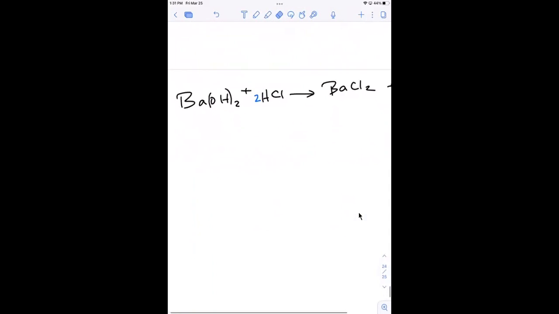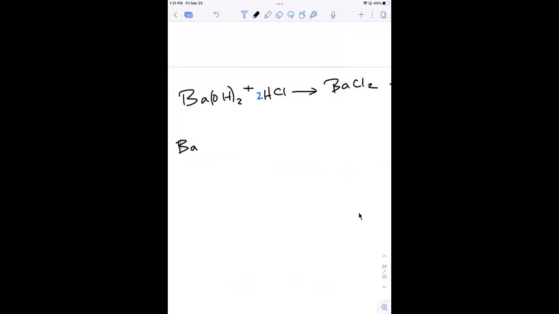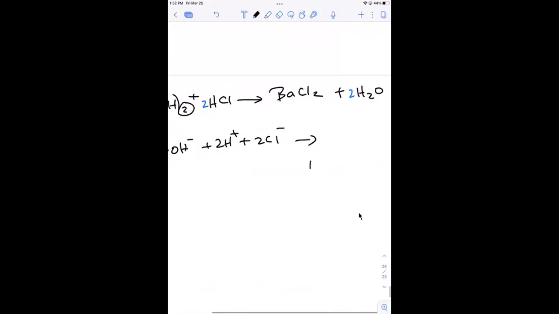All right, so we write this out as Ba2+ plus OH-, and then we put the 2 that's here in front of the OH, and then plus 2H+ plus 2Cl-. And that's going to go to Ba2+ plus 2Cl- plus H2O.